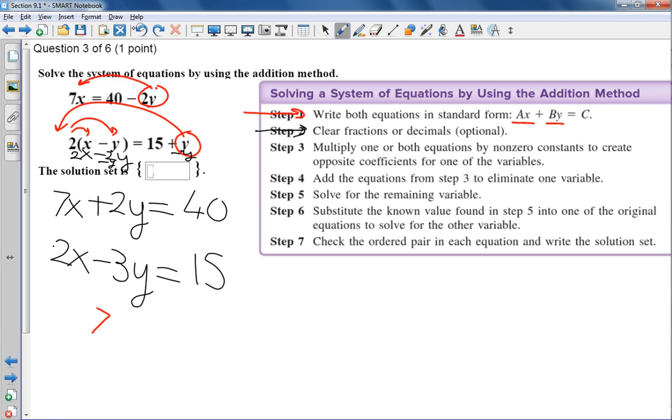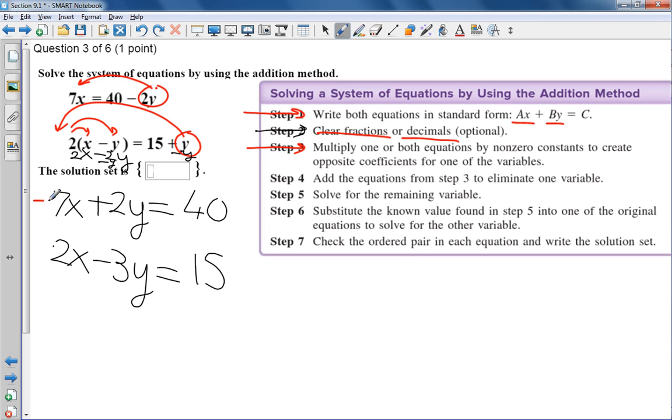So multiplication is pretty much what's required here for decimals or fractions. Guess what? Multiplication is also used in the next step. Okay, are we ready for the next step? Step 2 is clear. We don't need any extra multiplication. No fractions, no decimals. But in step 3, we need to multiply one or both equations.